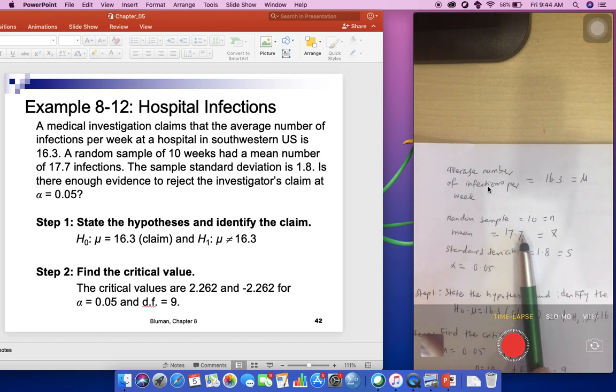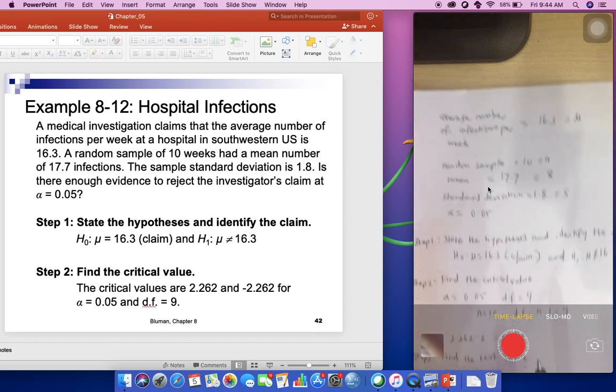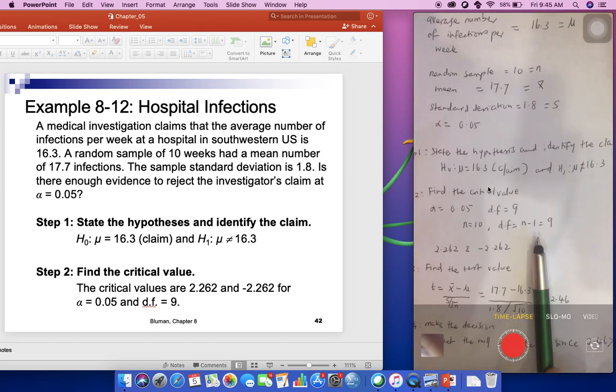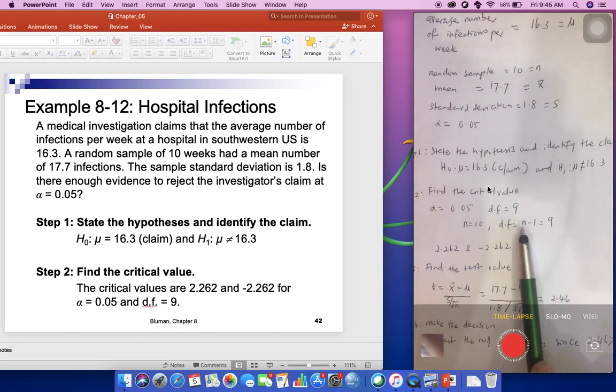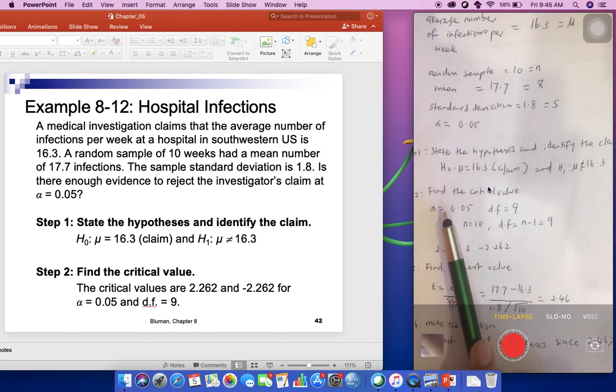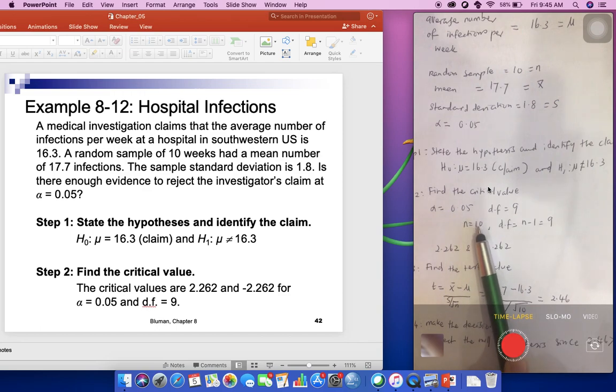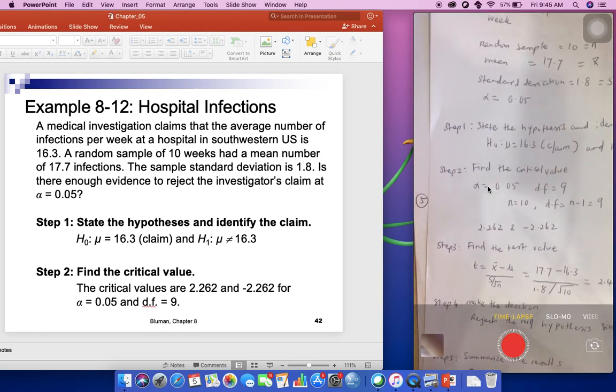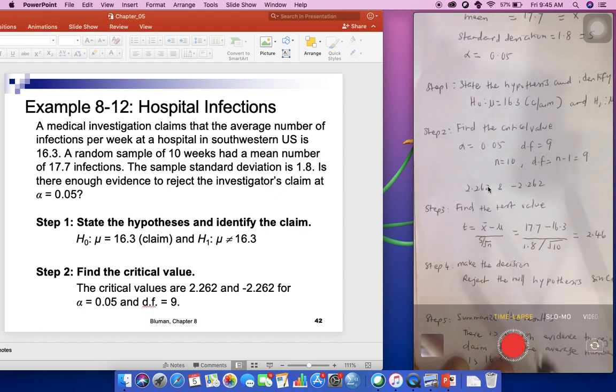The random sample is equal to 10, so 10 is equal to n. The degree of freedom is n minus 1, which equals 9. Looking at table F, 0.05 for degree of freedom 9 is 2.262 and negative 2.262. This one is for the second step. For the third step, we find the test value.